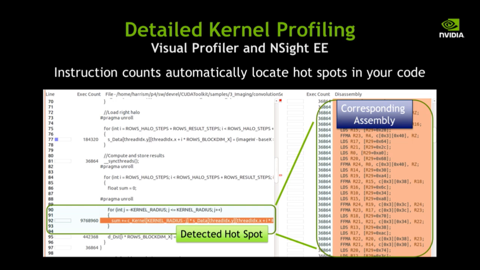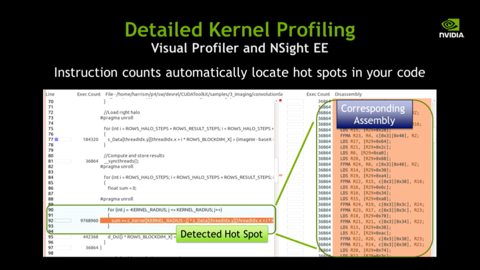So that's very helpful for giving you potential hotspots in your code because you can see which lines of code are run most. So in this example, we have a separable convolution kernel, and the inner loop, of course, is executed most, which is as expected in this case. It'll also show you potential inefficient locations in your code.